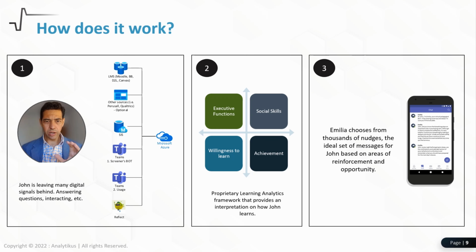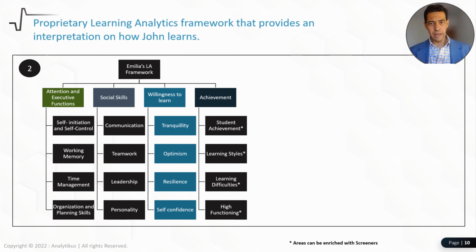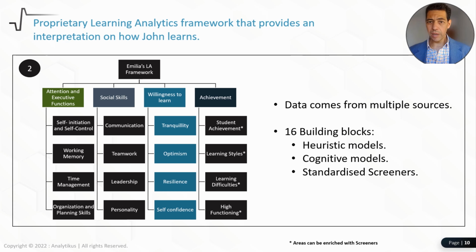So let me talk about the learning analytics framework. As I shared, the learning analytics framework is composed of 4 pillars: executive functions, social skills, willingness to learn, and achievement. Out of the 4 pillars, there are 16 building blocks composed of heuristic models and cognitive models. Executive functions such as working memory, time management, organizational skills, these signals most likely are already on the LMS.